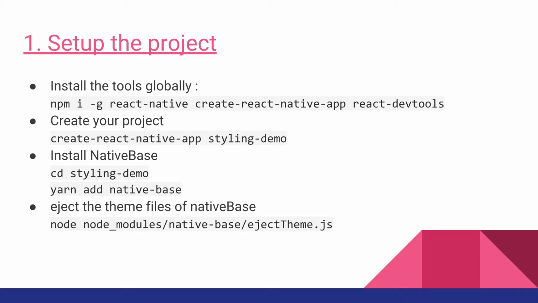So, npm install globally these three things. Okay, React Native. You don't even need this one, but it's good to have it. React Native app, which is a boilerplate, very good for starting to do things and realize how amazing it is to have this running on both devices, Android or iOS.